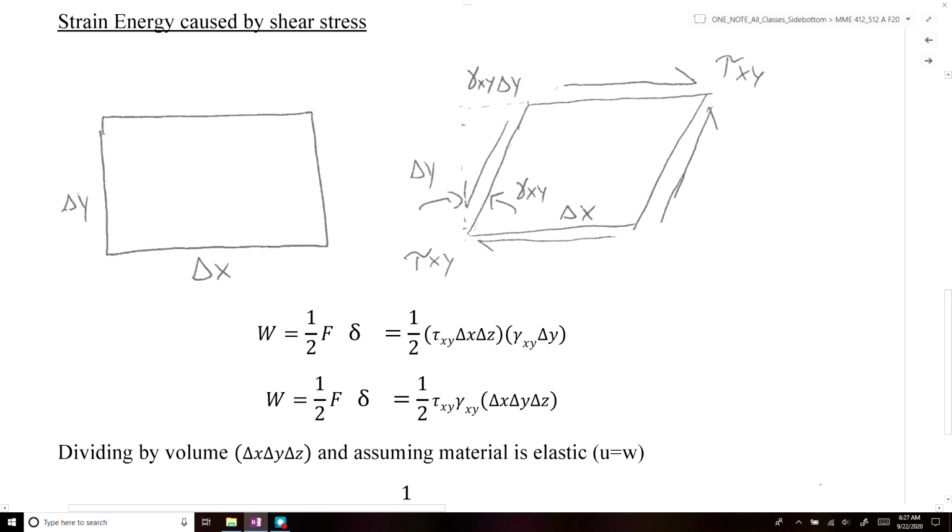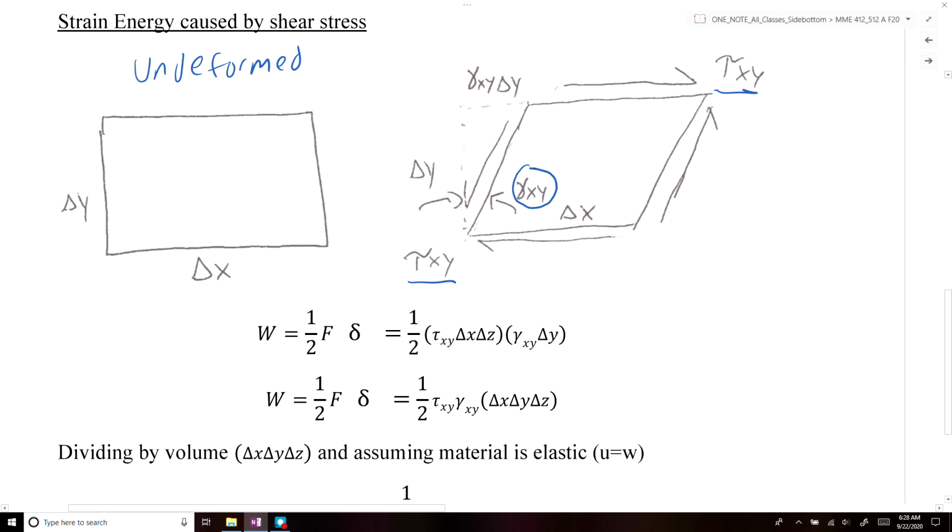In a similar fashion, shear stress can also create strain energy within a stress element. If we start out with an undeformed element and then add a shear stress to it, that shear stress is going to cause a shear strain, gamma xy.